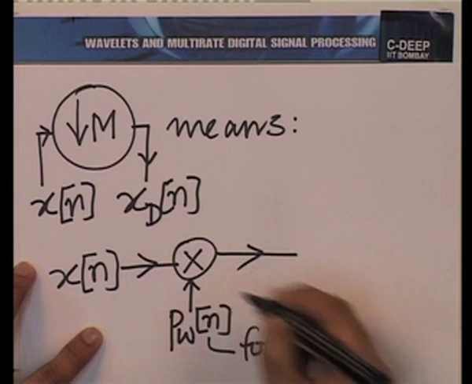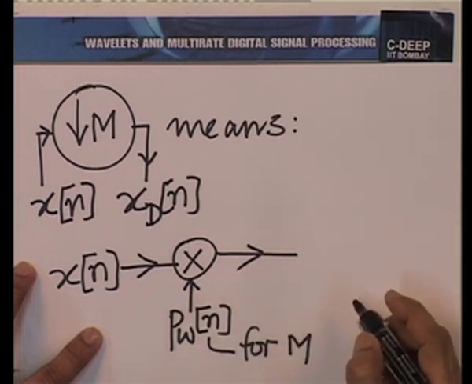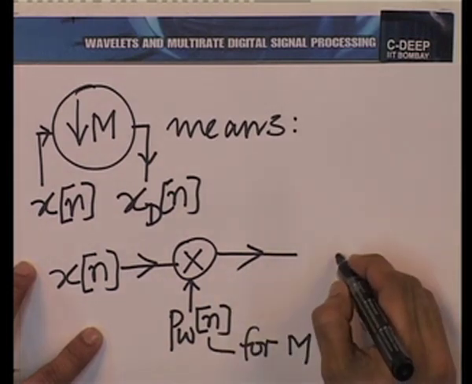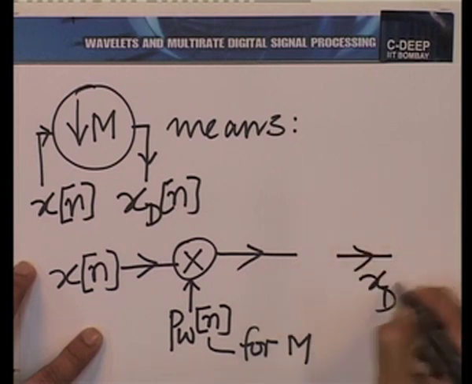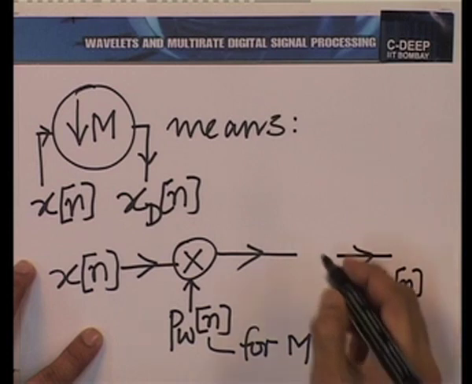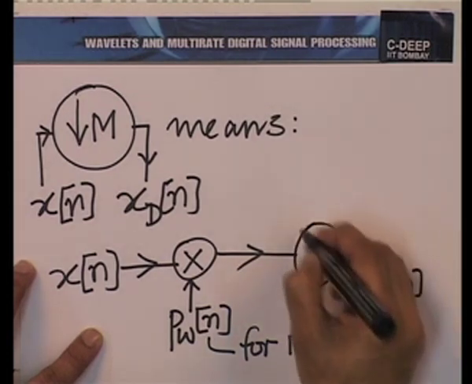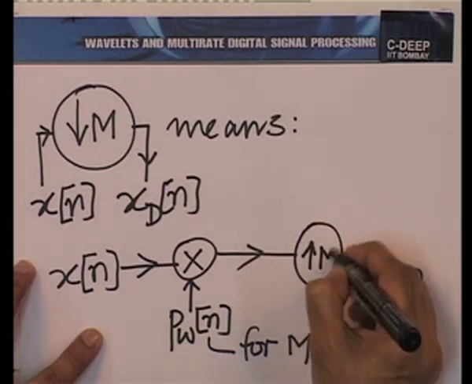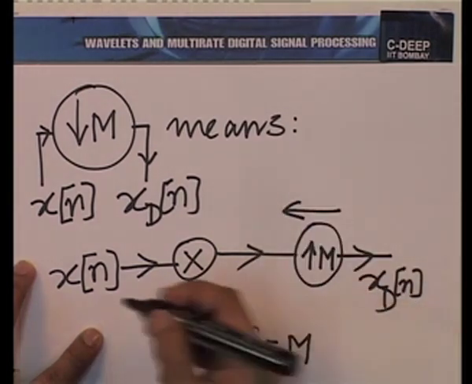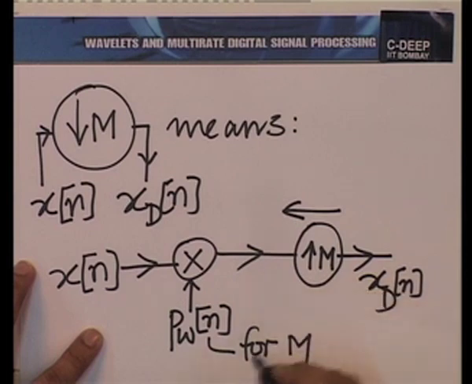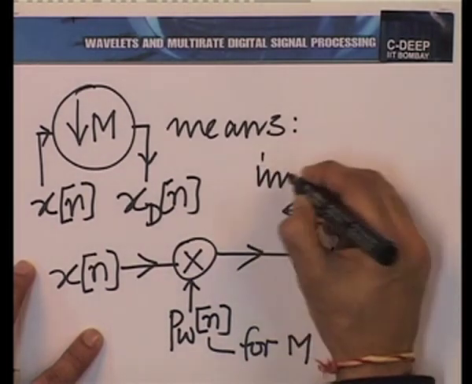And then now look here. What we are saying is x d n is here, and I am saying upsample by M, but this way. That means it is a reverse or an inverse upsampling operation.